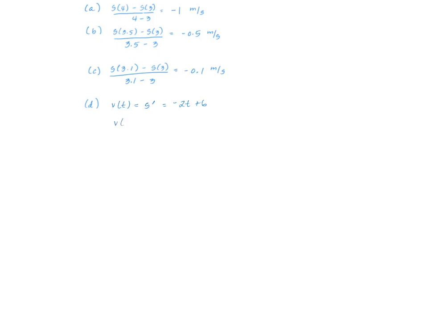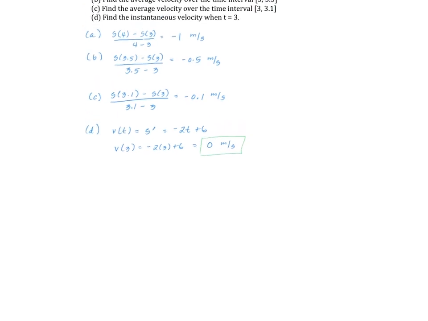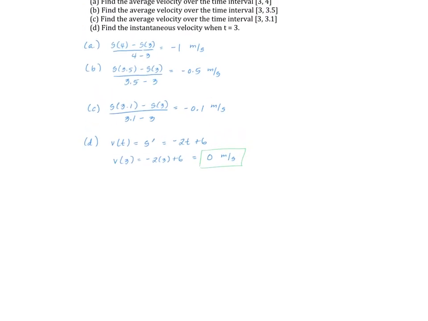So that would be v of 3, which is negative 2 times 3 plus 6. That's going to be equal to 0. And then meters per second, right? Because we always want to have our units on there. Which makes sense. If we look at parts A through C, as we get closer and closer to 3, we're getting closer and closer to 0.